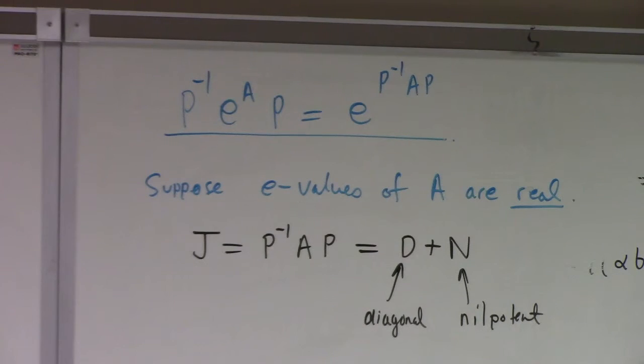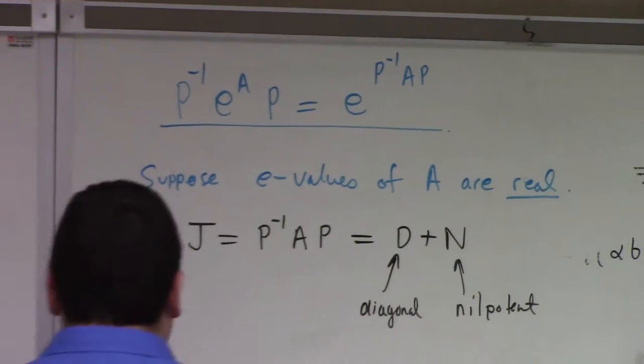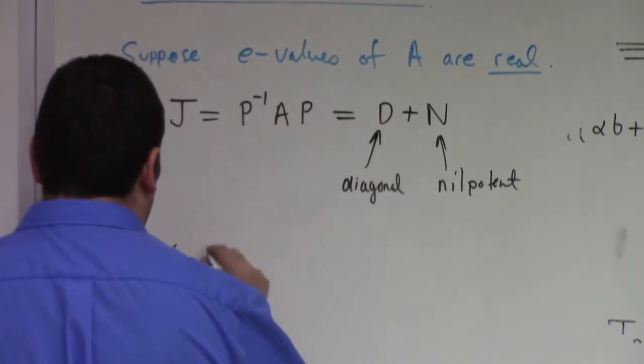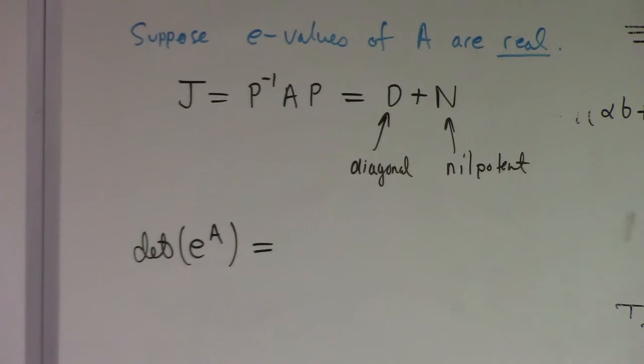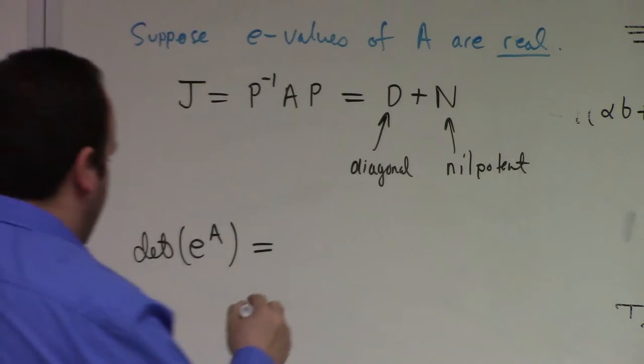So, what if I try to calculate the determinant of the exponential of A in view of this? Well, it's a determinant, so I can do a similarity transformation. It doesn't change anything.